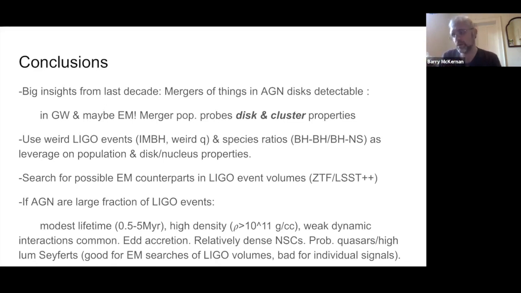And so essentially, if you want to maximize the merger rate from this channel, you do best by having multiple episodes, where you get multiple bites at the cherry to merge these things together and generate a high merger rate.